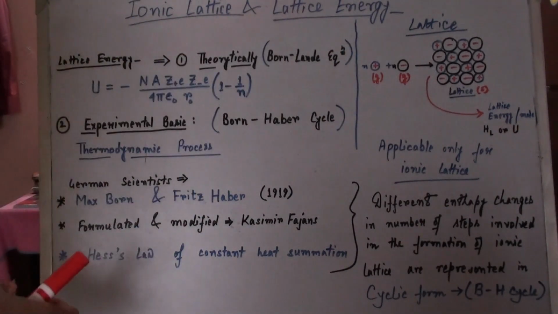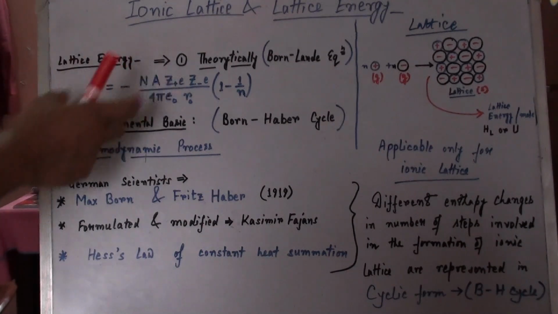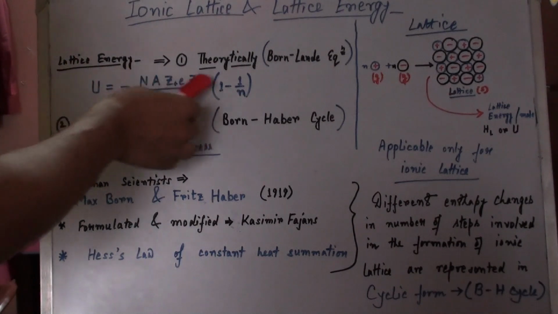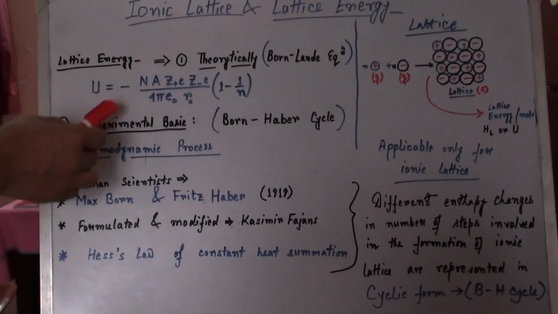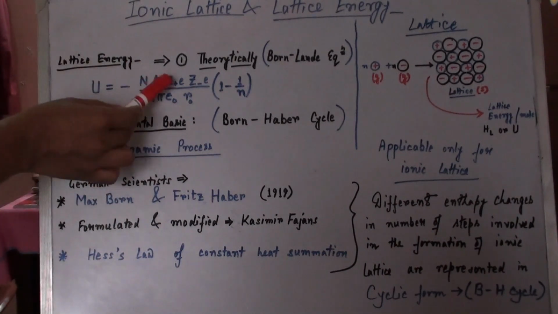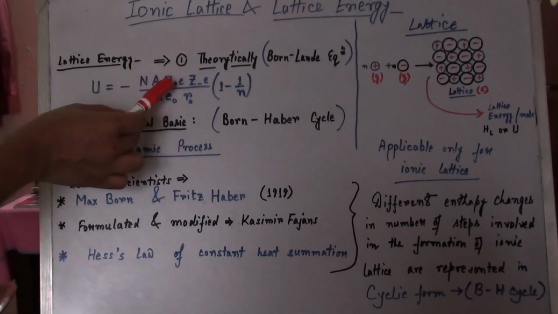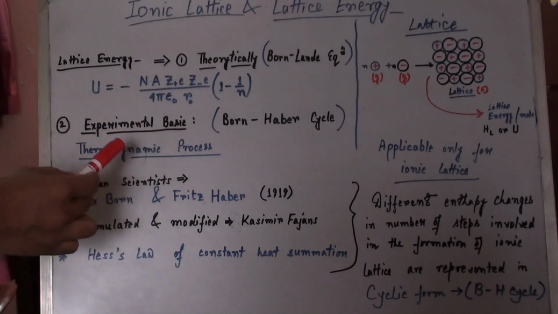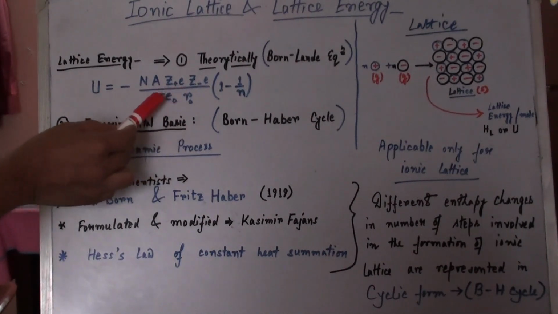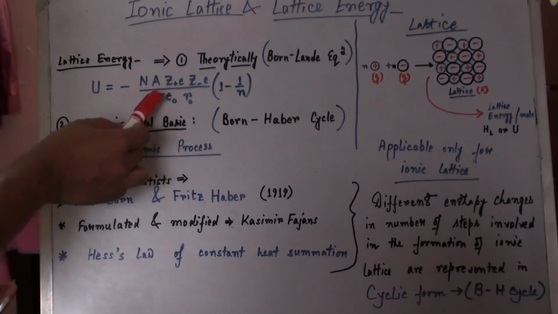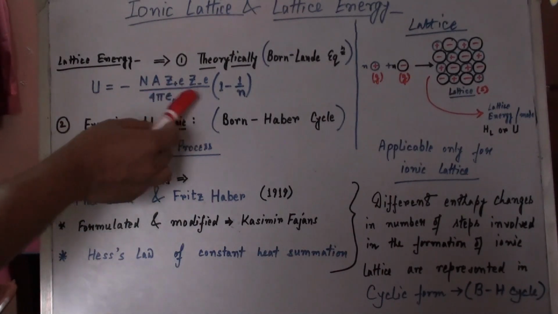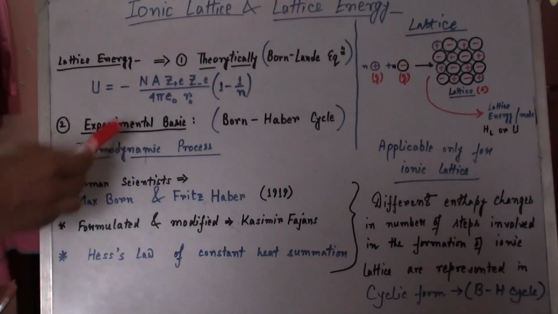These two scientists proposed this equation by which we can calculate lattice energy, where different terms are involved: N means Avogadro number, A the Madelung constant, Z plus and Z minus the cationic charge and anionic charge involved in the lattice, 4 pi epsilon 0 the SI unit factor, and R0 the equilibrium distance between cation and anion, and n the Born exponent.